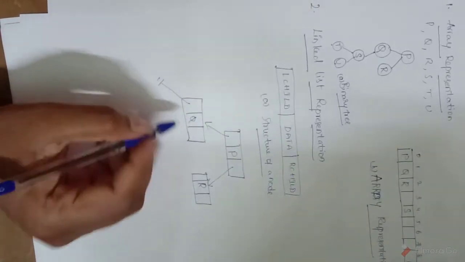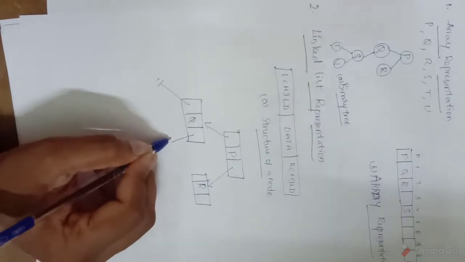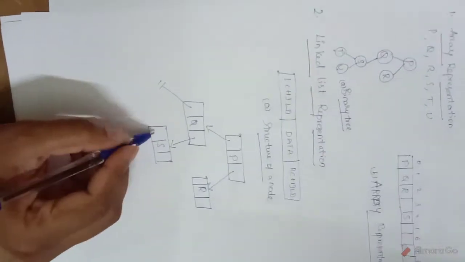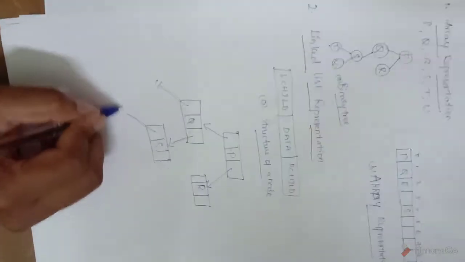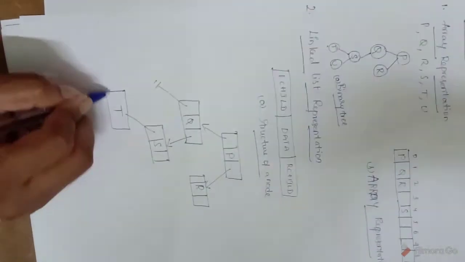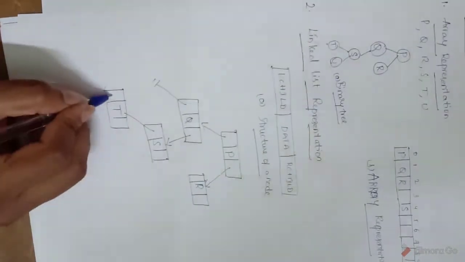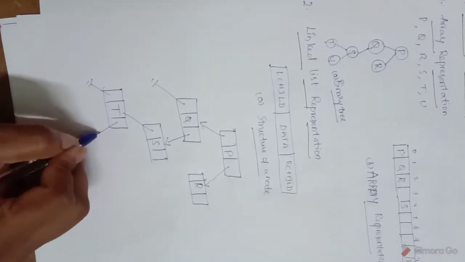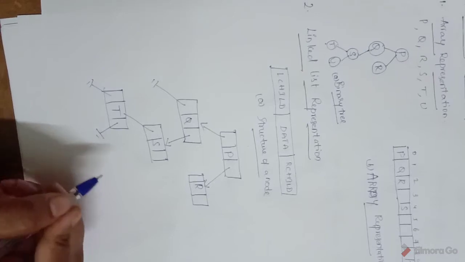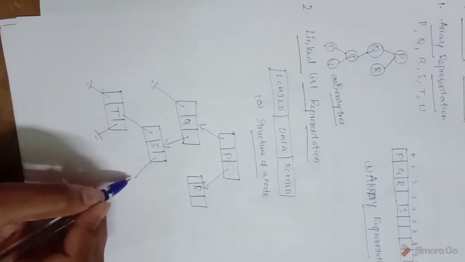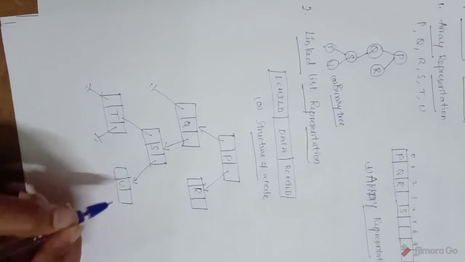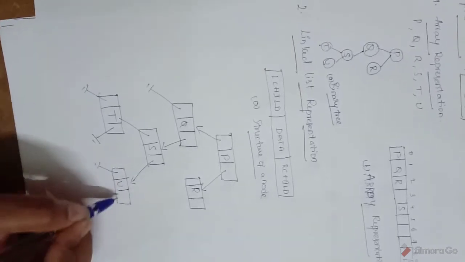We don't have any element. Now S is stored here, and T is stored here, and there are no elements here. And next we are considering another element U is stored here, no elements.